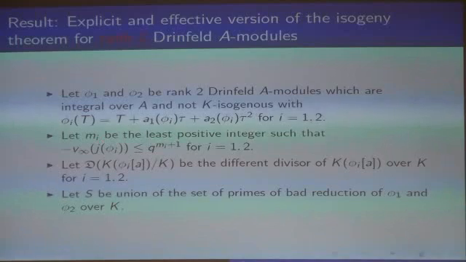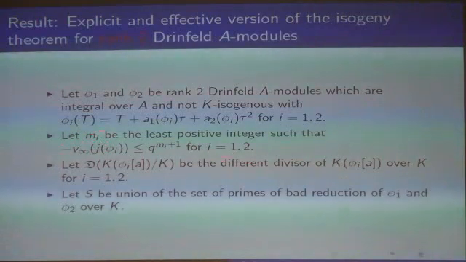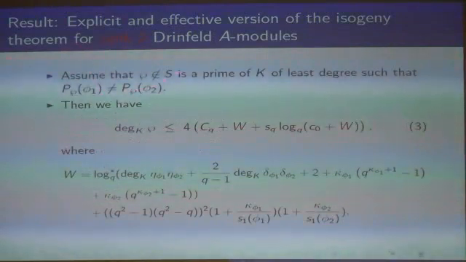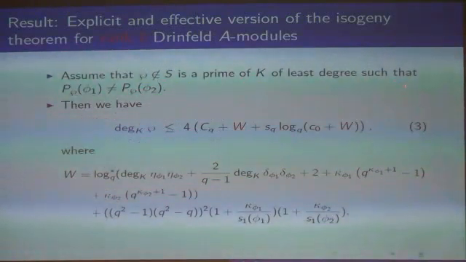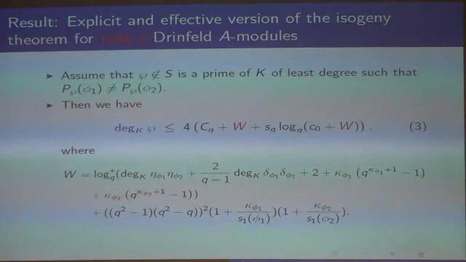For each Drinfeld module we have M1 or M2 satisfying the inequality, and we have the different divisor. And S is the union of all the primes of bad reduction. Then assume that P is a prime of least degree such that the corresponding characteristic polynomials are distinct. Then the degree is bounded by this.